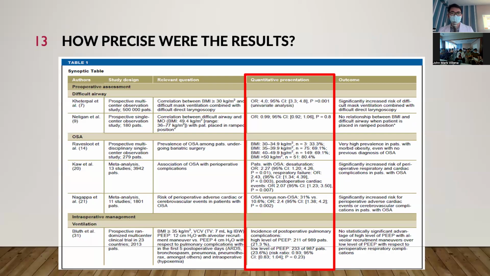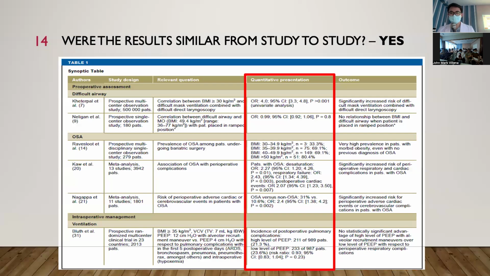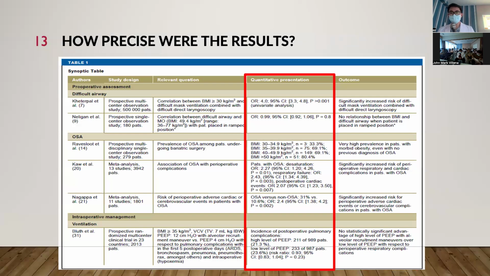When discussing precision, we usually look at the point estimate of a treatment effect, and that is the value of relative risk, p-values, as well as possibilities ranging from the worst to the best case scenario. For example, the 95% confidence interval around the relative risk represented by the quantitative presentation of this table.